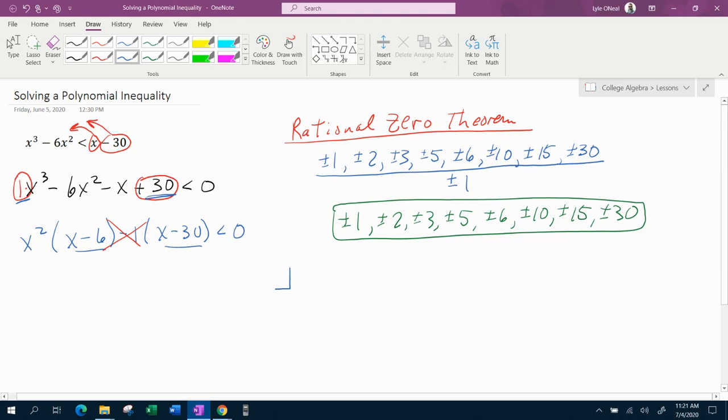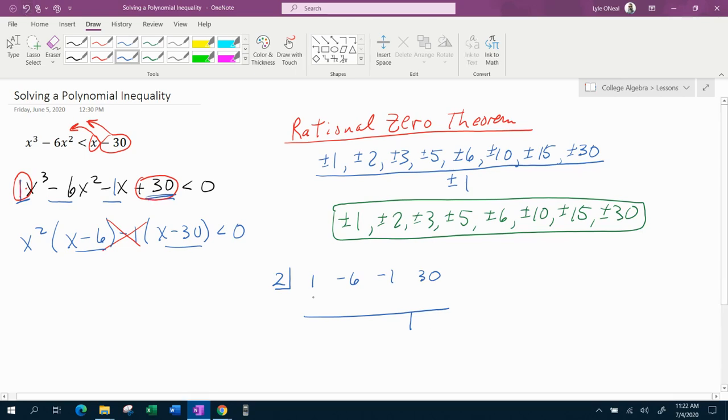It doesn't matter. I'm just going to start with 2. Then we need all of the coefficients of the polynomial, which would be 1, negative 6, negative 1, and 30. And we're going to hope for a remainder of 0. This is what we're shooting for.